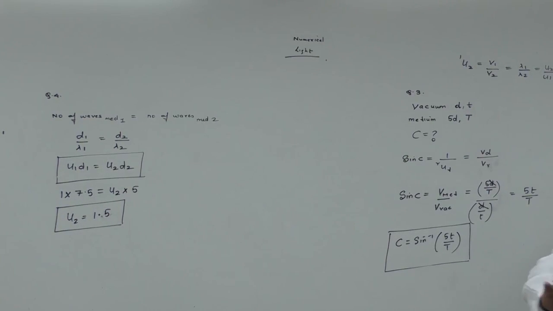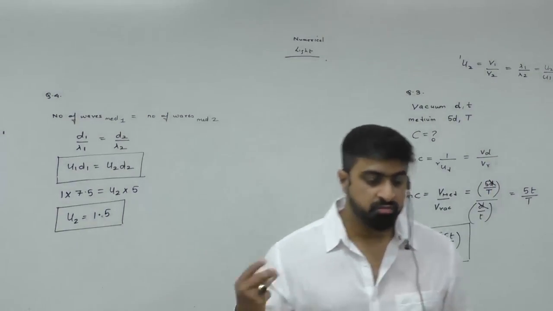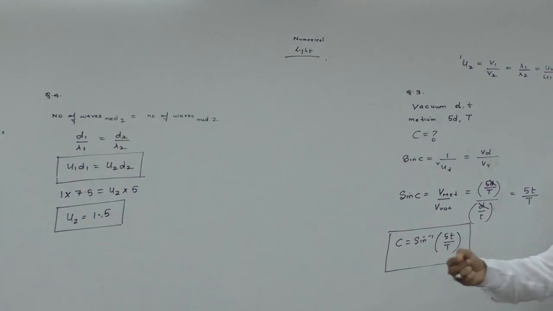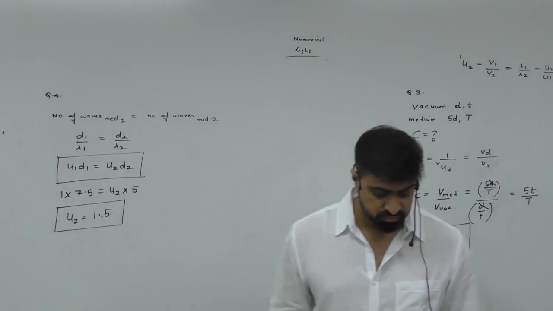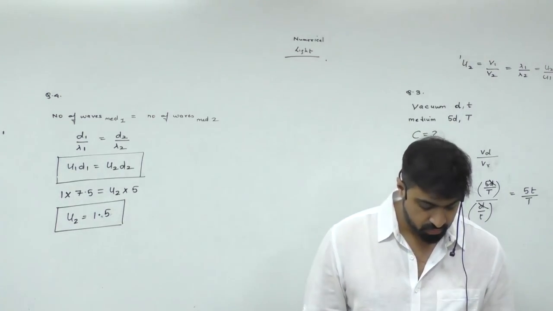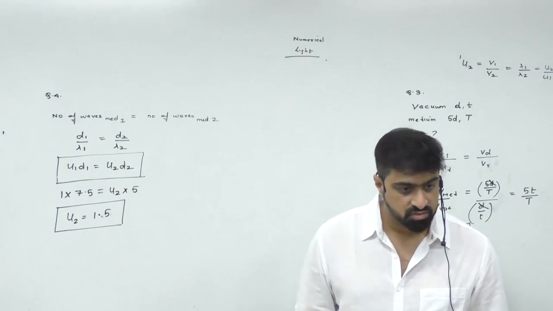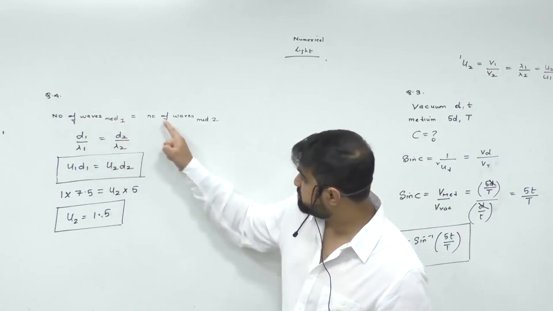So always remember, whenever they use the word number of waves are same, use mu1 d1 is equal to mu2 d2. Yeah, mu1 upon lambda 1 is mu2 by lambda 2. But d1 upon lambda 1 is d2 by lambda 2. You are understanding? Number of waves same.